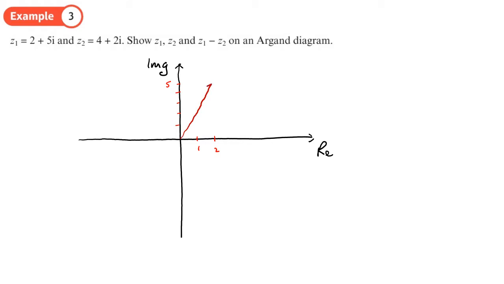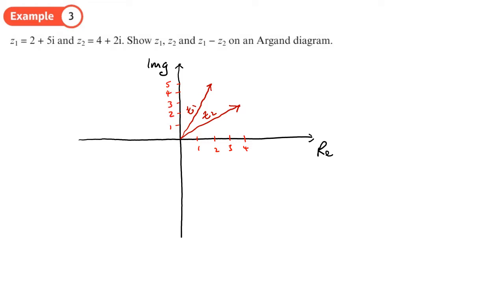So we'll draw that in. So that is Z1. Z2 is 4 plus 2i. 3, 4. So 4 plus 2i is going to be like here. Z2. So let's put these numbers in. 1, 2, 3, 4, and 5.